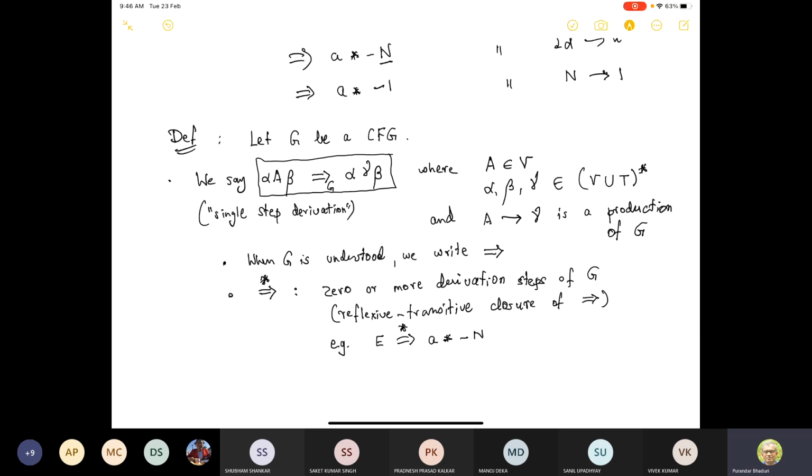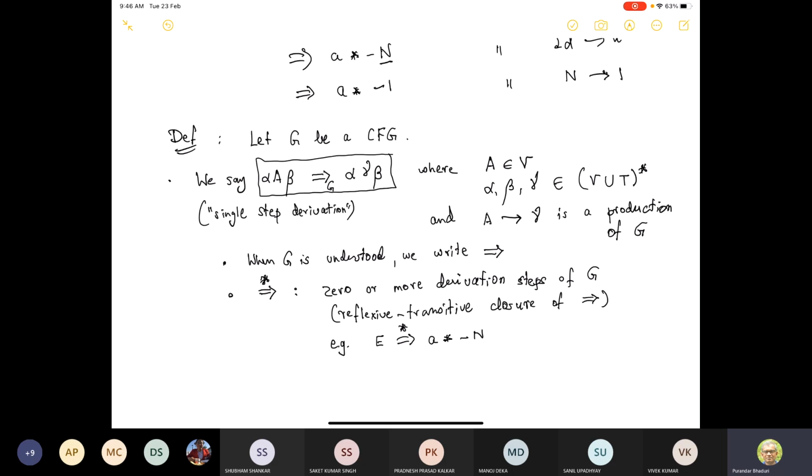Okay. And of course, a string of symbols can always derive that same string of symbols, because I'm including 0 here, 0 or more steps, or indeed by reflexivity. That's another way of saying it, right?